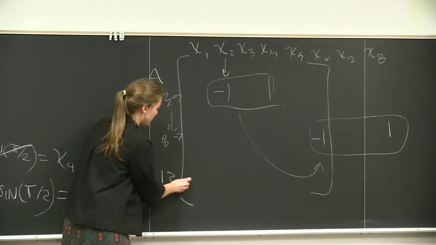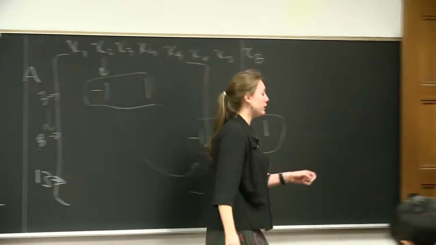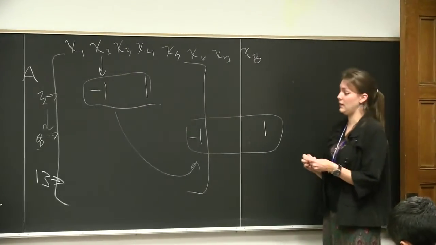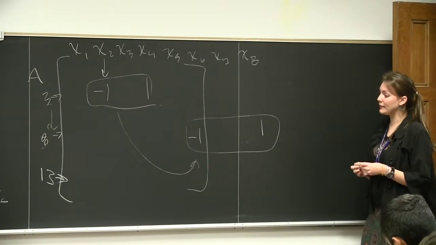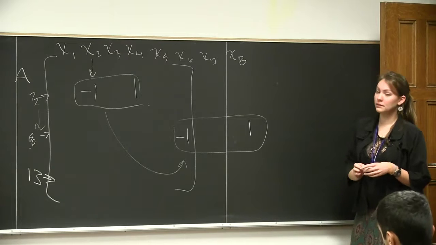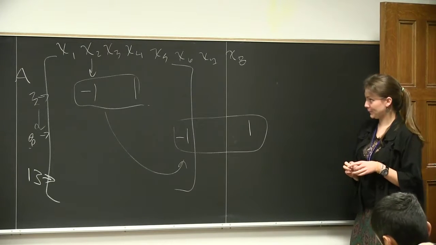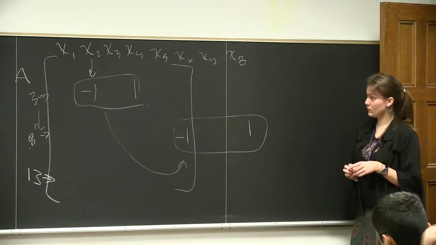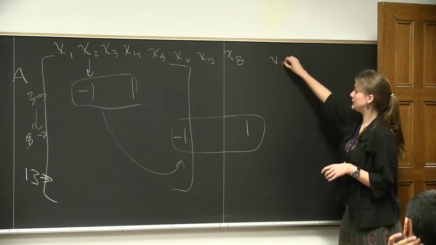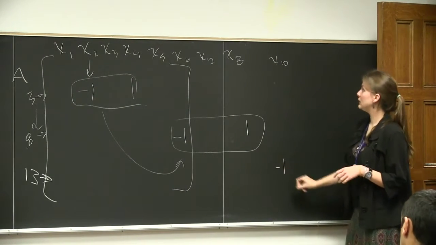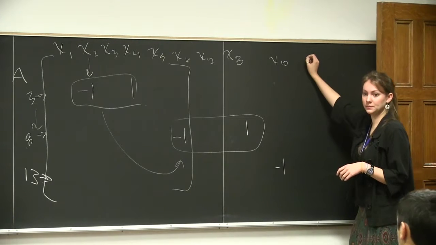So if we're going to use this pattern to fill in row 13 without writing out the elongation, what would row 13 be? You would have a negative 1 and a 1. Where? Negative 1 in x10. And what else?